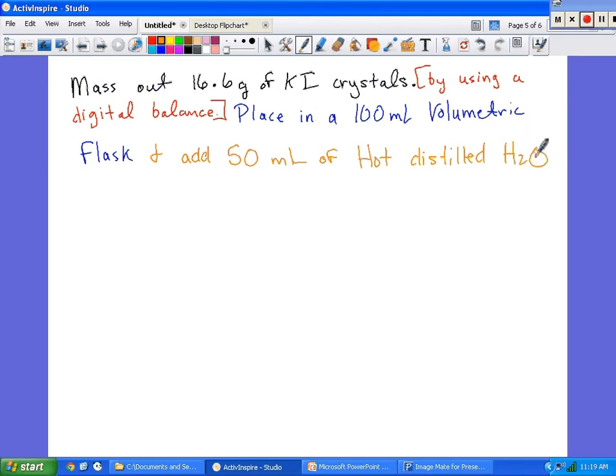Now, two things. Why am I putting in a certain amount of water? To dissolve it. Why am I putting in hot distilled? Okay, I'm going to get to that. Why is it hot? Dissolves faster. If you're making sweet tea, do you use hot water or cold water? Hot water. Who's making cold water sweet tea?